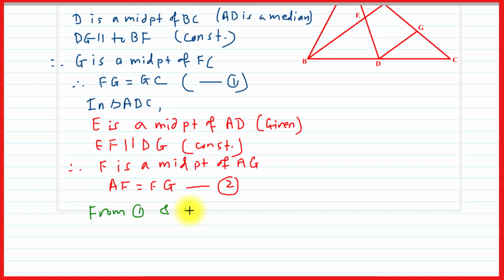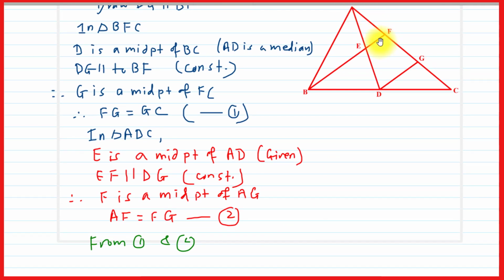Since these three are equal, we can say that AF is 1/3 of AC. That is what we had to prove, and hence it is proved.